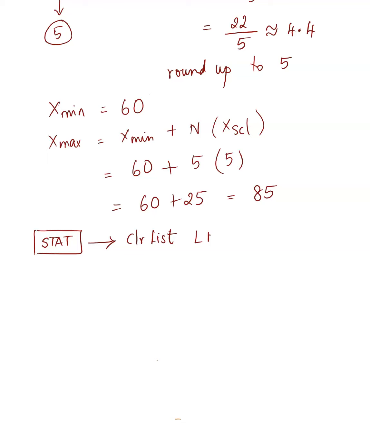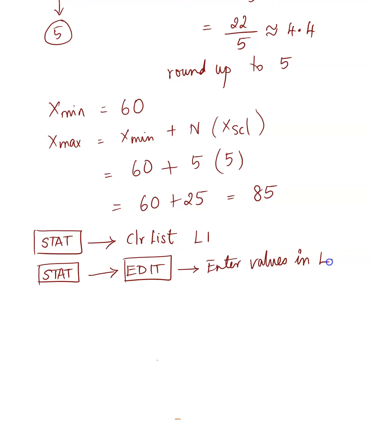When it says done, come back again to the Start button, and then hit enter, because it's already pointing to the edit button. So go to edit and then start entering your values in column L1.